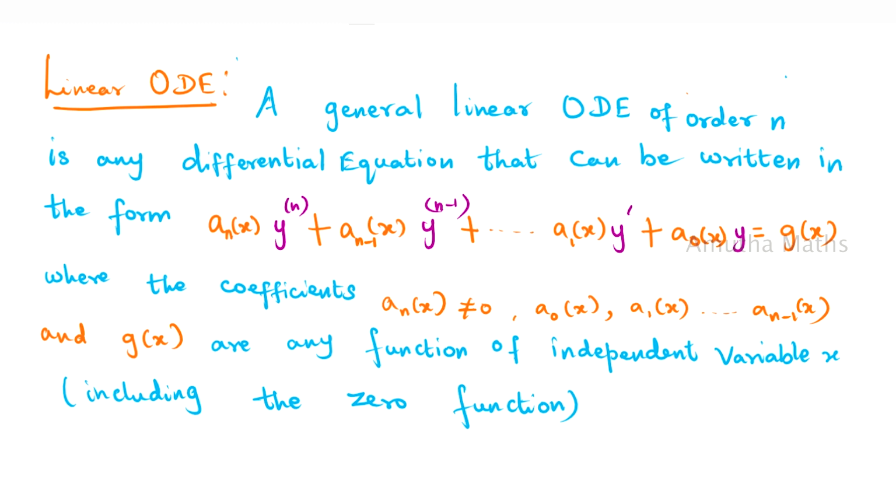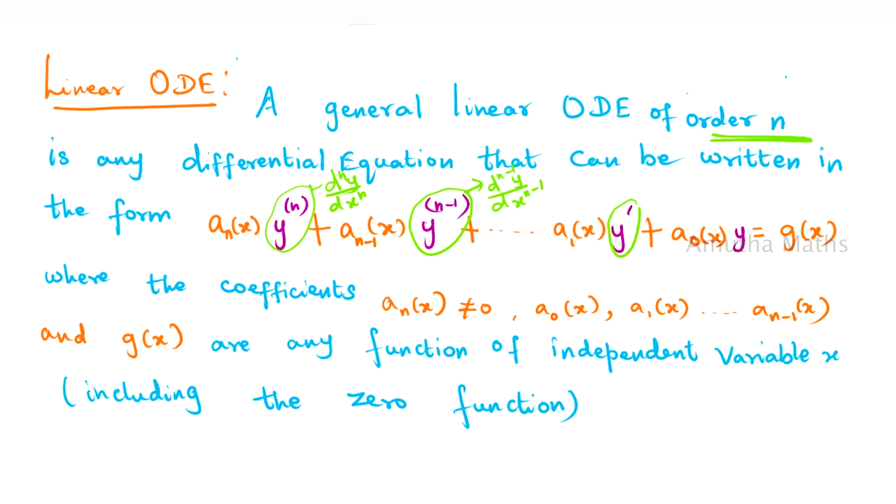A general linear ordinary differential equation of order n is any differential equation that can be written in the form an of x yn. So yn means d power n y by dx power n, that is nth derivative, plus an minus 1 of x into yn minus 1, that is d power n minus 1 y by dx power n minus 1, plus etc., a1 of x into y dash.